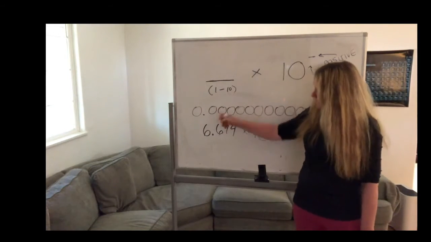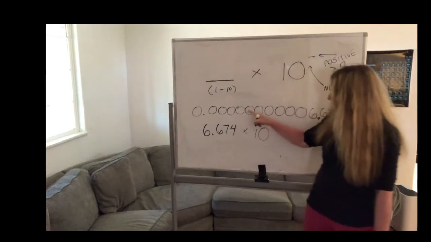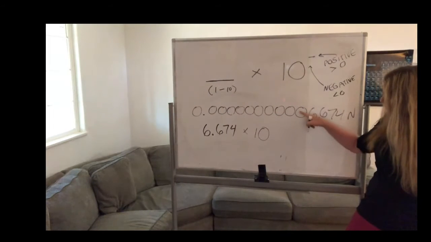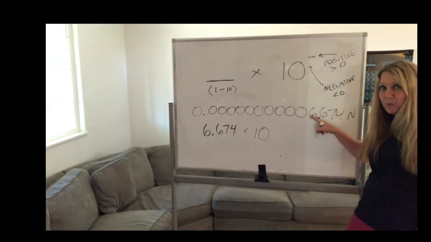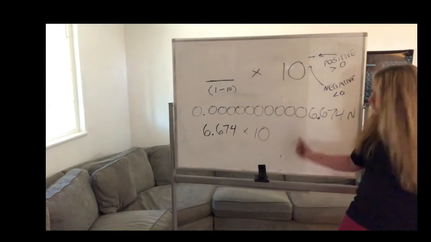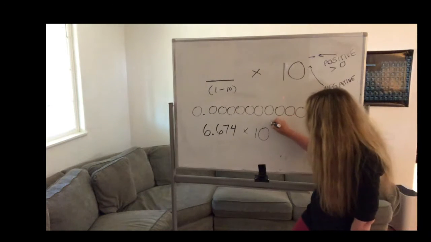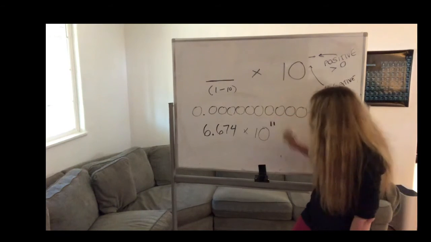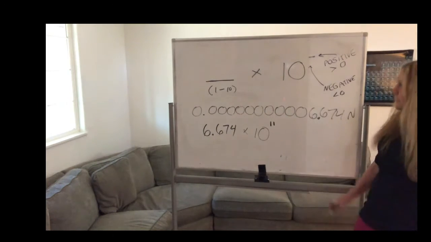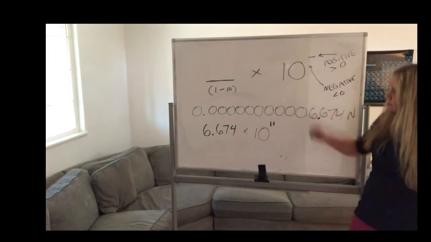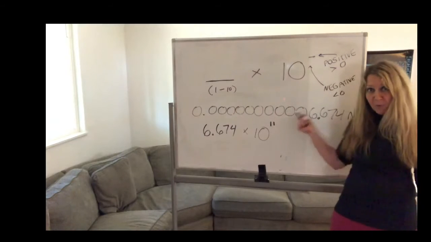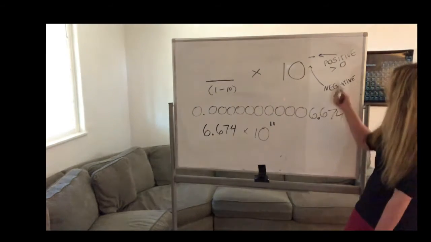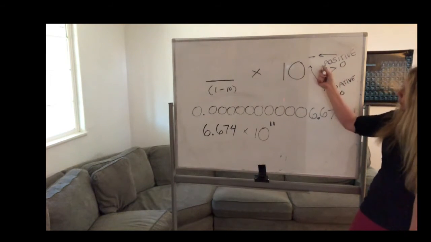So I had to go 1, 2, 3, 4, 5, 6, 7, 8, 9, 10, 11. I had to move 11 places to the right. The number is less than 1. This number is way less than 1.